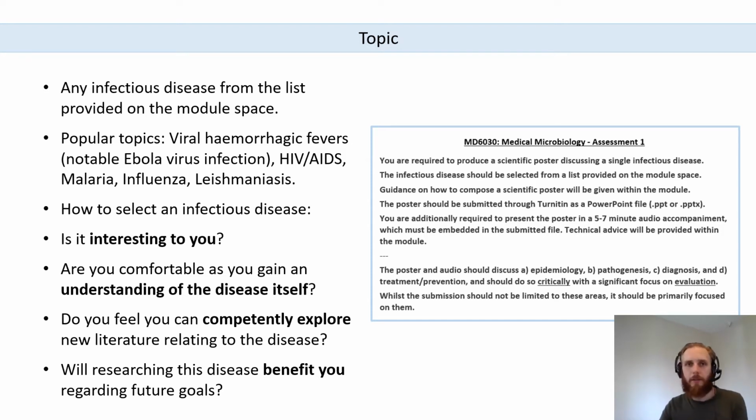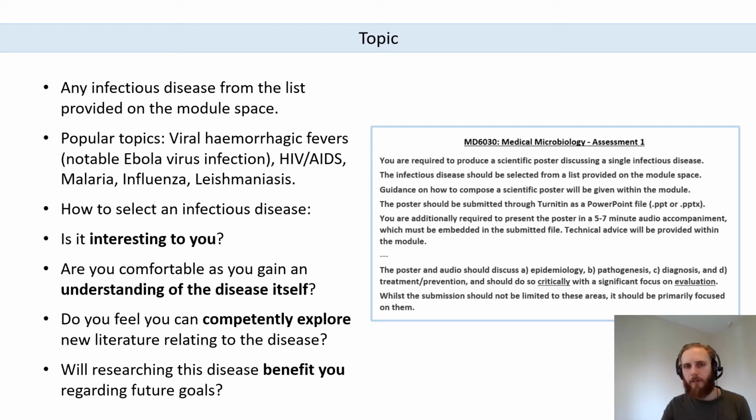I've studied viruses for a long time and I research viruses, so I find the literature relating to viral infections quite easy to navigate, usually, not always, but I read it a lot, so I'm comfortable reading it. The literature around, say, fungal diseases is quite different to the literature around viral diseases, and I find that a little bit trickier to read.